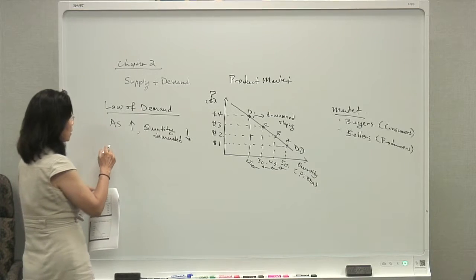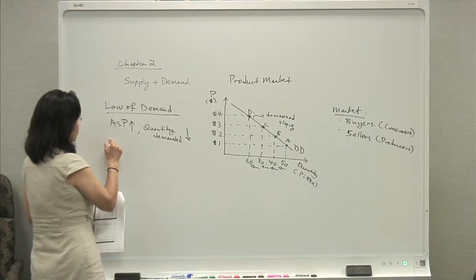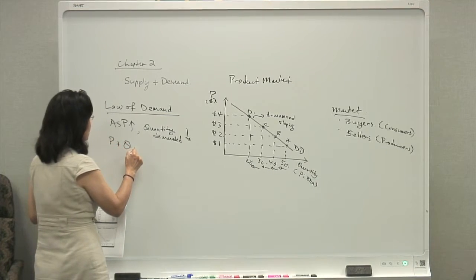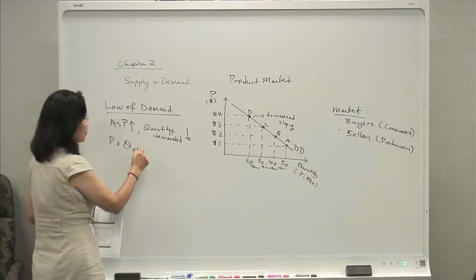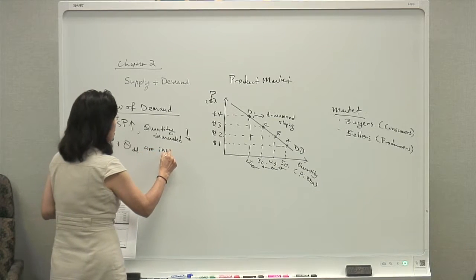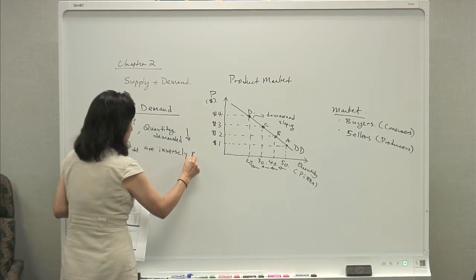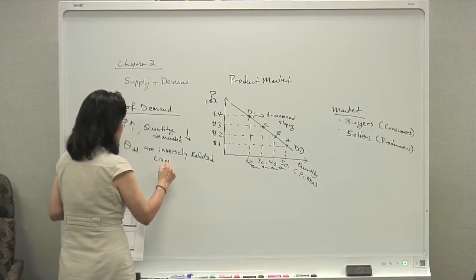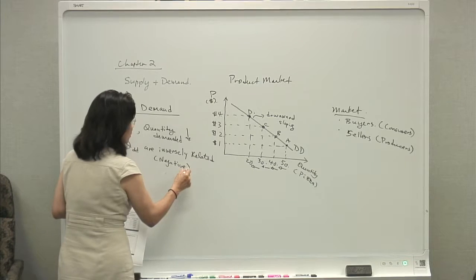Basically, it says that as price increases, P and quantity demanded, this is my short form, are inversely related, or you could use the term negatively related.